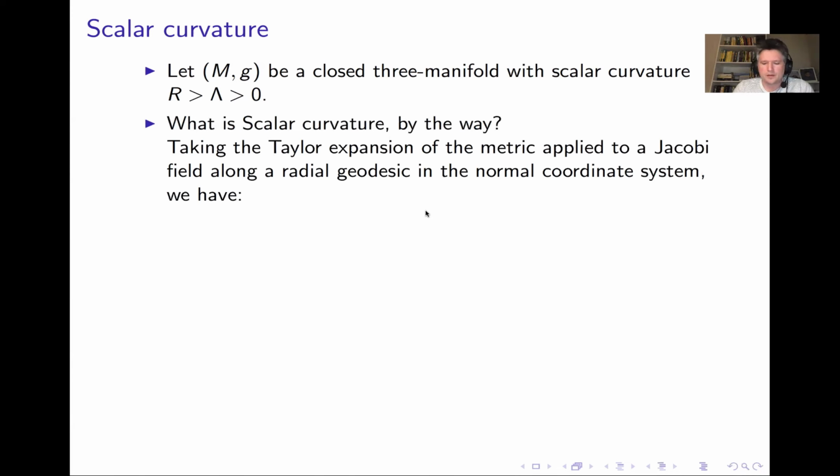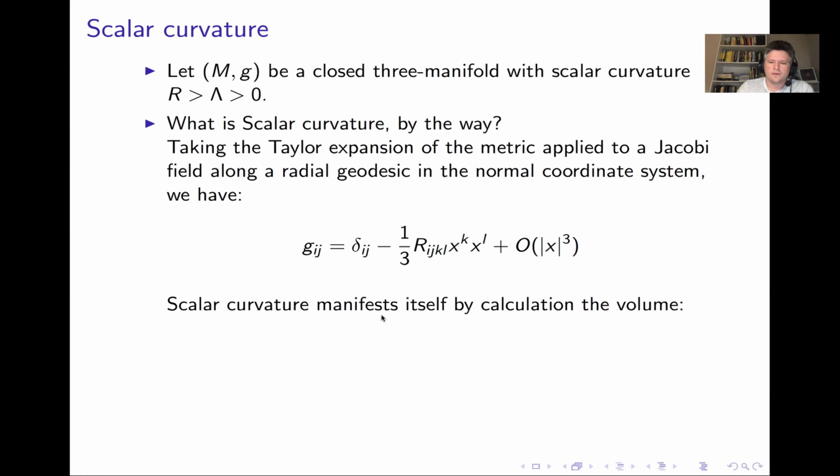If you consider a special kind of coordinate, normal coordinates around a point, and take the Taylor expansion of the metric, applied to a Jacobi field along a radial geodesic, you have that the metric g can be written as the Euclidean metric delta ij, with no first order terms, but then in second order you have this R_ijkl term, which is the Riemann curvature.